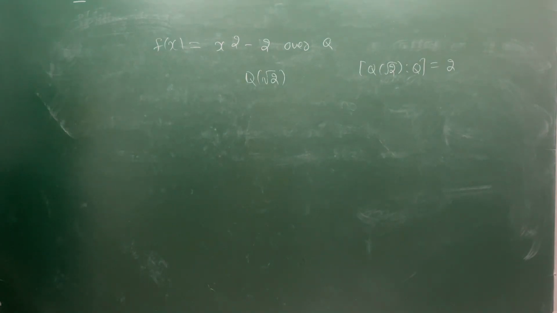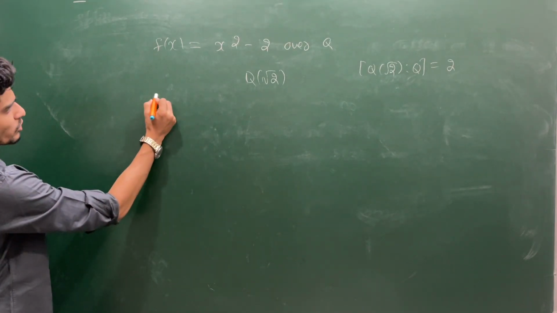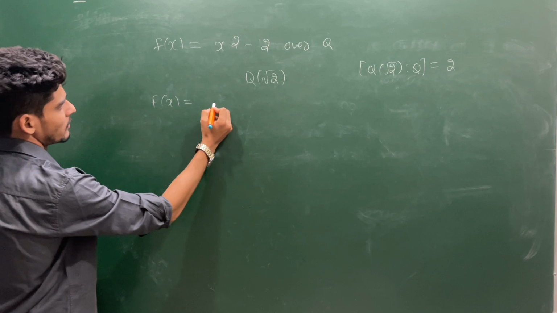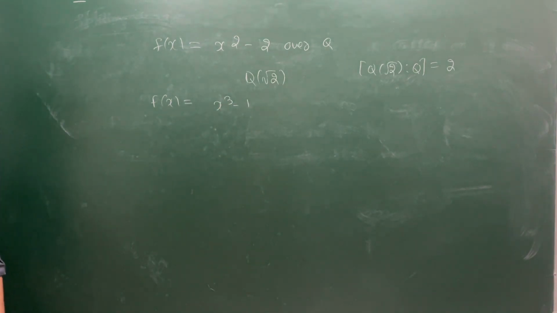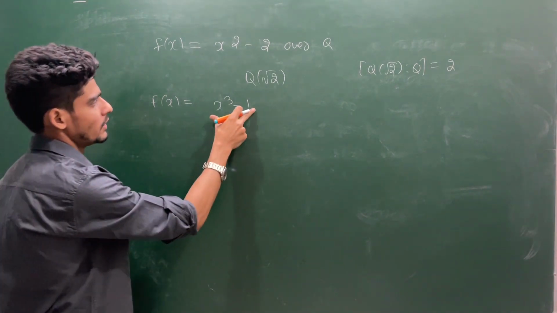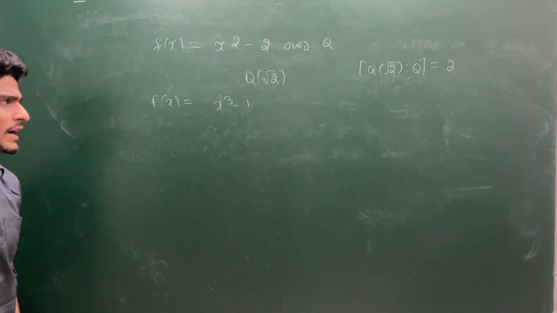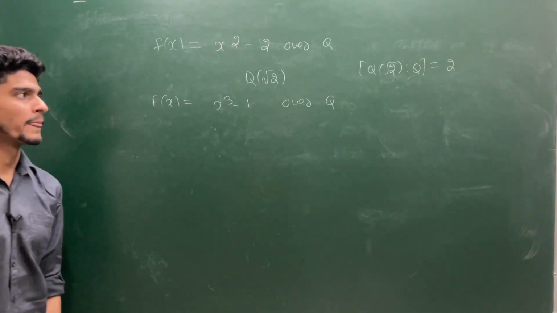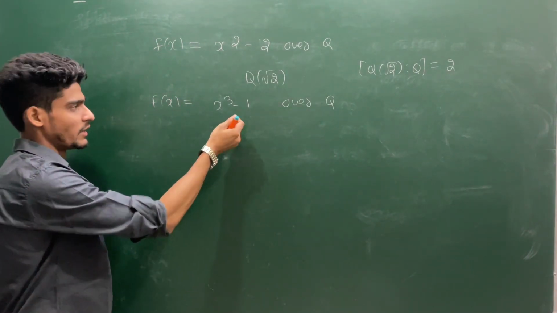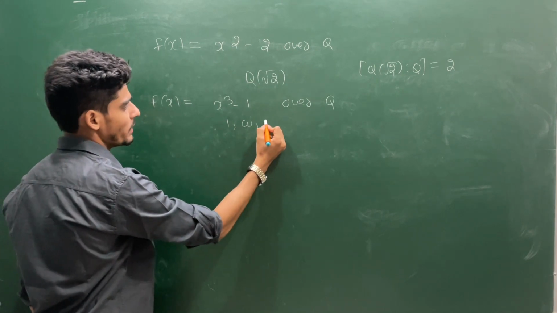That means in this example, the degree of extension of a splitting field is the same as the degree of the polynomial f(x). If I choose this polynomial x cube minus 1, then what can you say about the splitting field of this polynomial? And we are looking over Q. See, if you find the roots of this equation, they will be 1, omega, omega square.